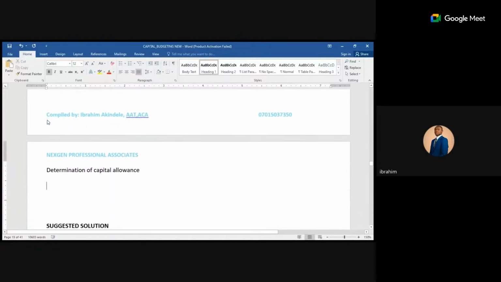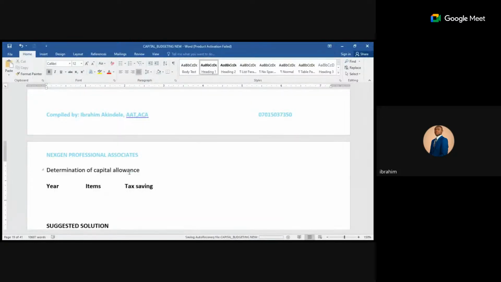Okay, capital allowance. Here will be your items. You have your capital allowance, or you have your tax savings. How many percent?